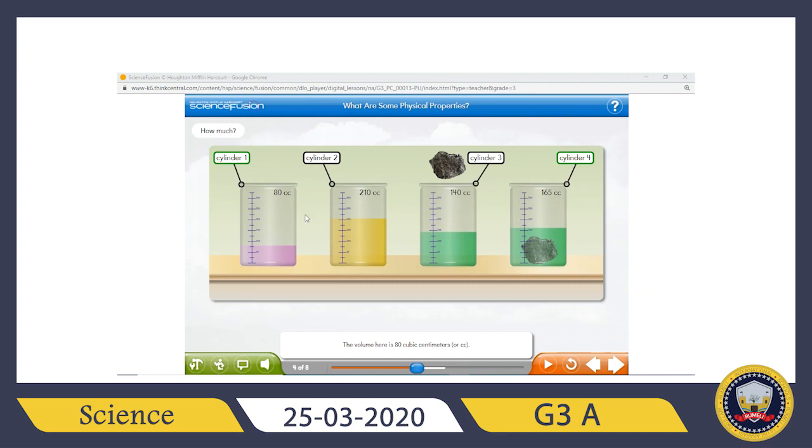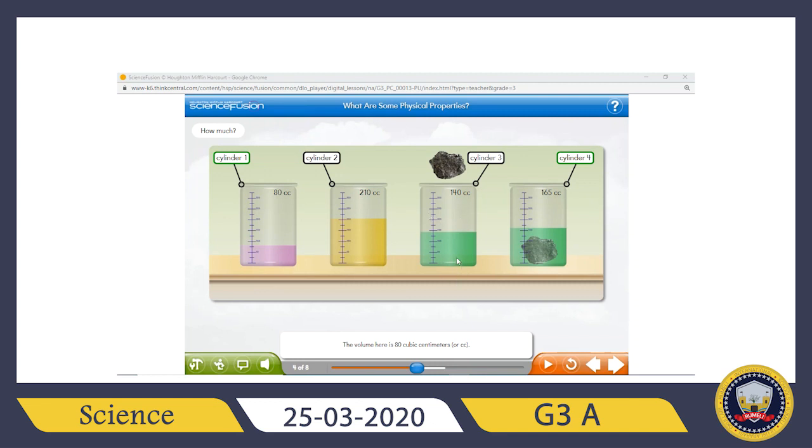For example, the volume is 80 cubic centimeters for the first cylinder. What about the second? Check the cylinder first. What is the volume? The volume is 210 milliliters, right? So we can use milliliters also. So what about the third one?